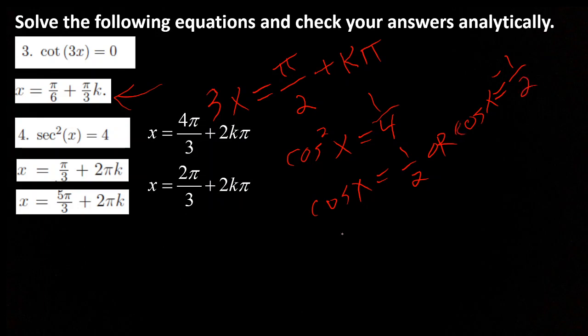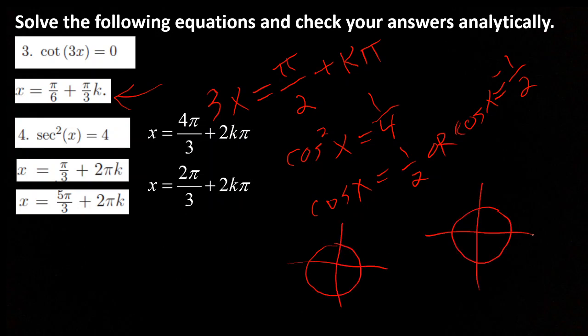So from cosine 1/2, let's put 2. So cosine 1/2 would be that angle right there. And then again is this angle, that cosine is 1/2. So it's this one, and all the way around this one. What are those two angles?